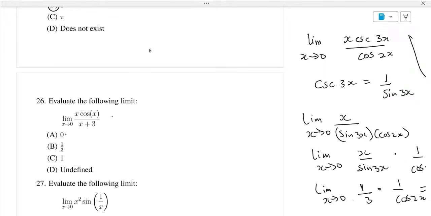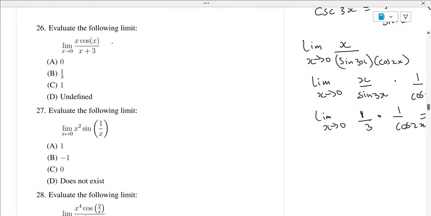Now question 27. Evaluate the following limit: x squared sine 1 over x. If you substitute in the 0, the whole function breaks. So you apply the sandwich theorem, which we know that sine 1 over x will lie between negative 1 and 1. Now we want it to look like this one, so we multiply through by x squared.